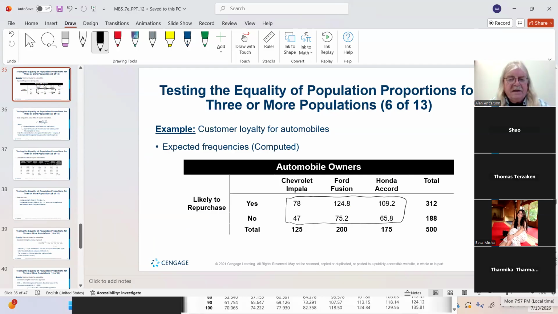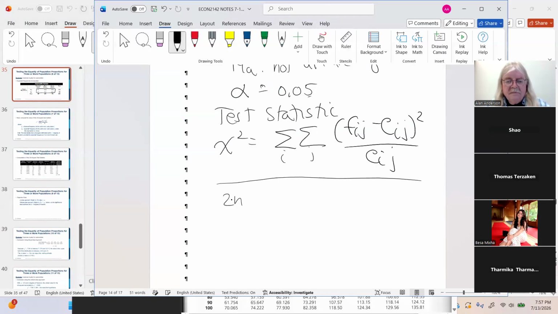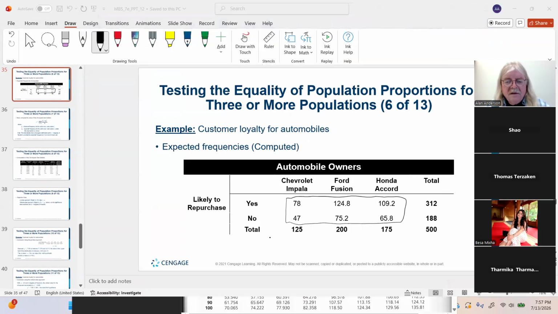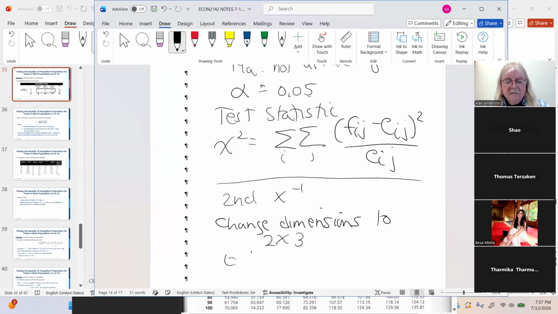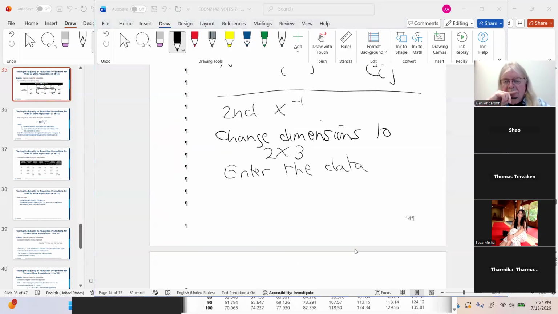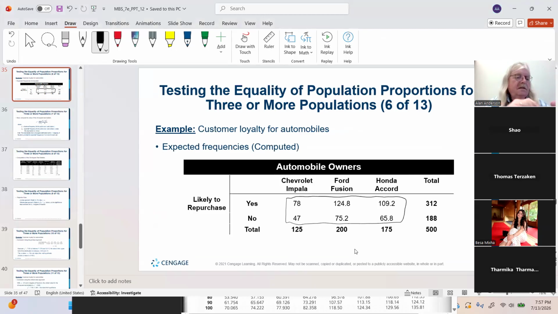So let's go back to matrix A. We have to change the dimensions, by the way, because this one is 2 by 3. Two rows, three columns. And then we're going to enter these numbers. All right, let's try that.